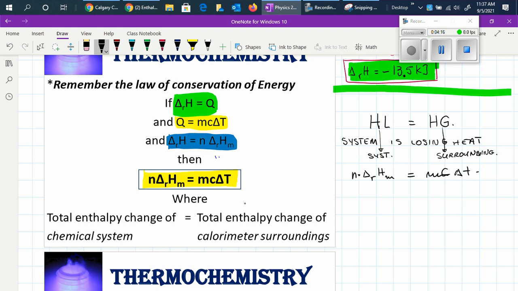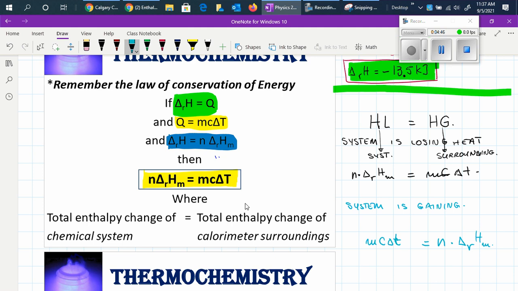And if the system is gaining heat, then we have mc delta T equals n times the molar enthalpy of the reaction.